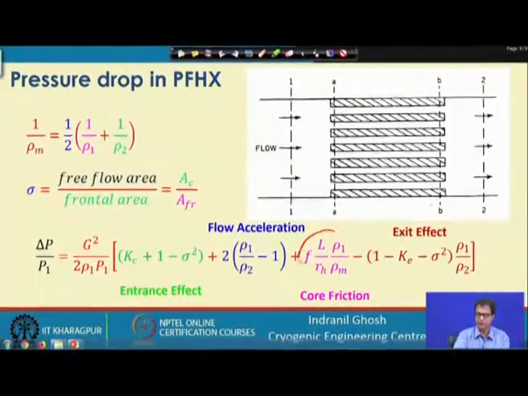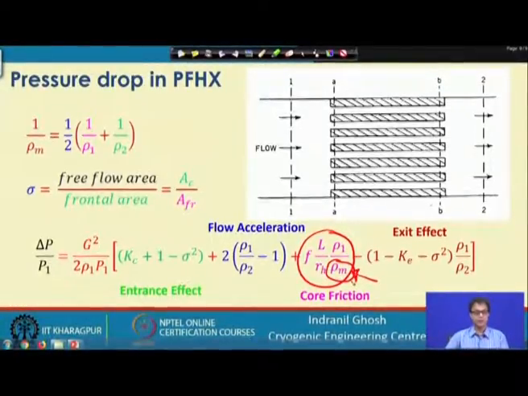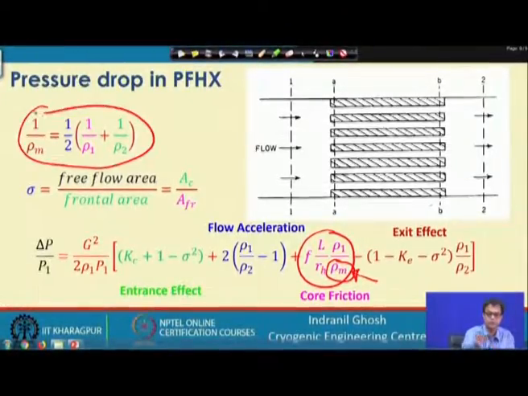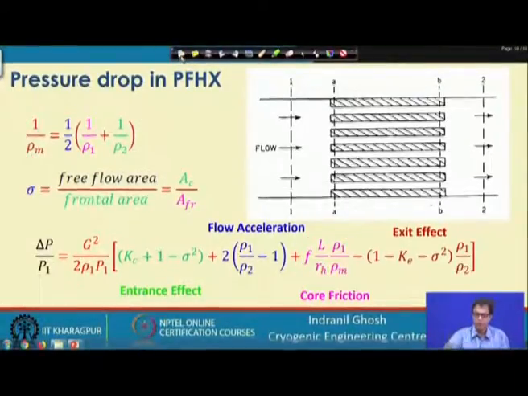That is why, when we are talking about the core friction factor, we are supposed to take this rho value, the density of that fluid at a mean value of the density, and that is basically an harmonic mean given by 1 by 2 in this relation.